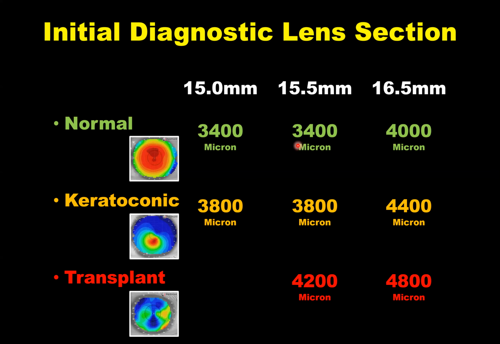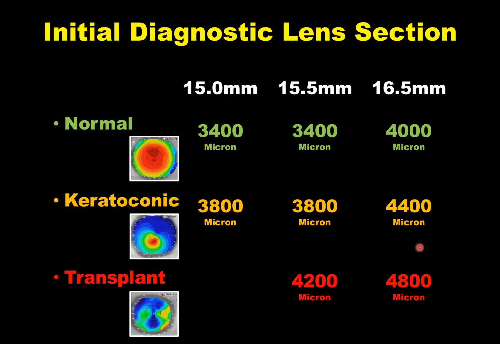If I have a bigger cornea, then I'm going to choose the 16.5, in which case, if it's a normal cornea, I choose the 4000 micron depth. If we're dealing with a keratoconic eye, you know that's a higher depth eye, so you're going to go up in sagittal depth to a 3800 if you're using the smaller diameters, or you're going to go up to a 4400 if you're using the larger diameter.